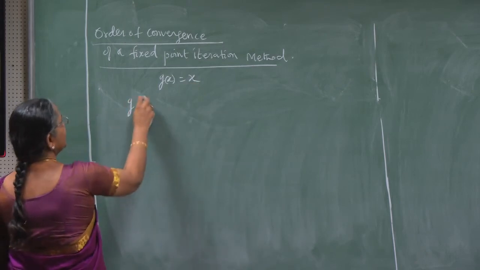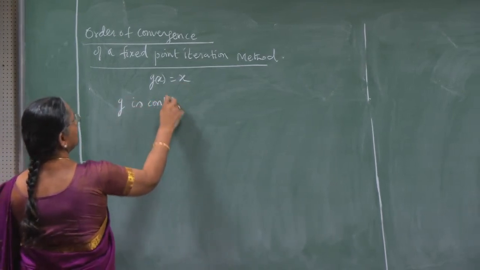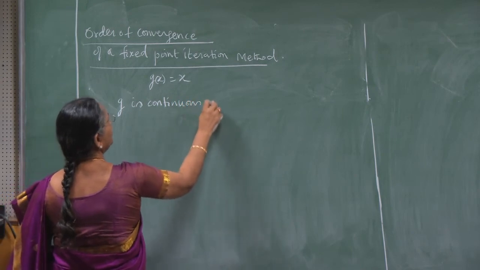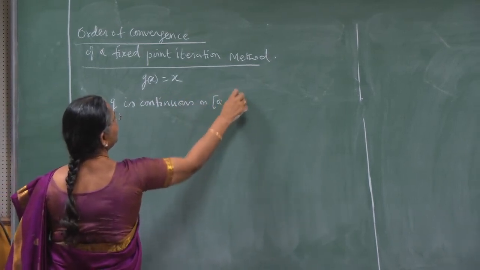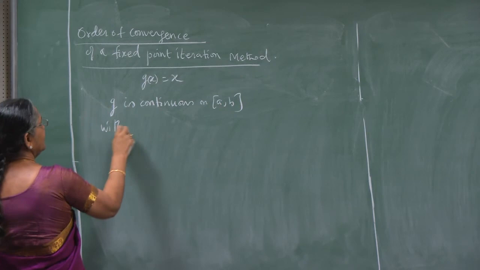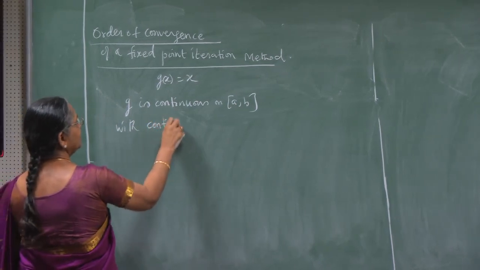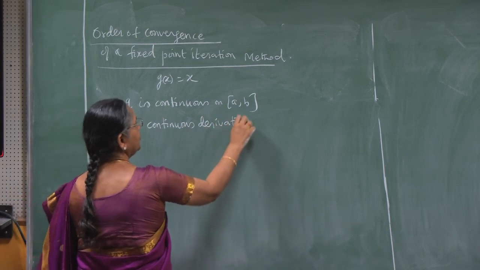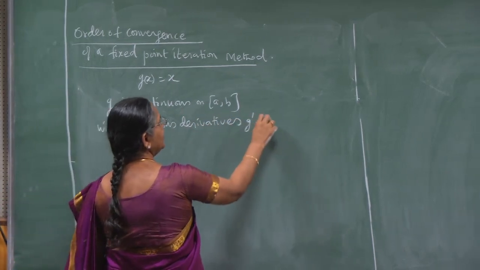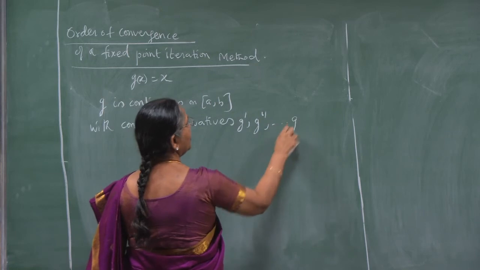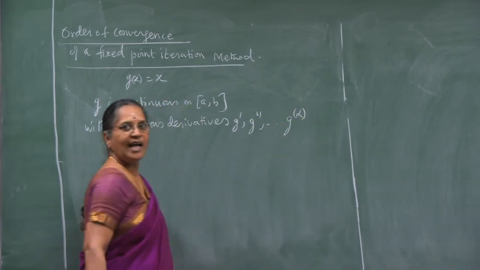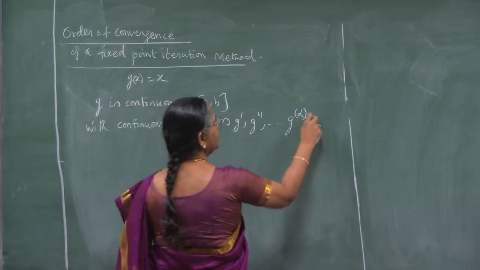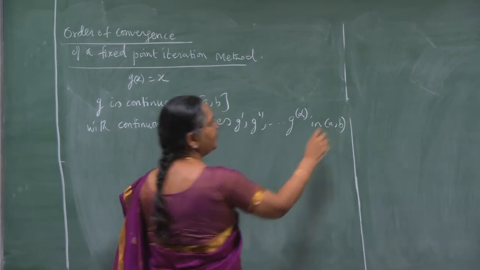If g is continuous on the interval a b with continuous derivatives g dash, g double dash, and so on, up to the alpha-th derivative of g in the open interval a b.